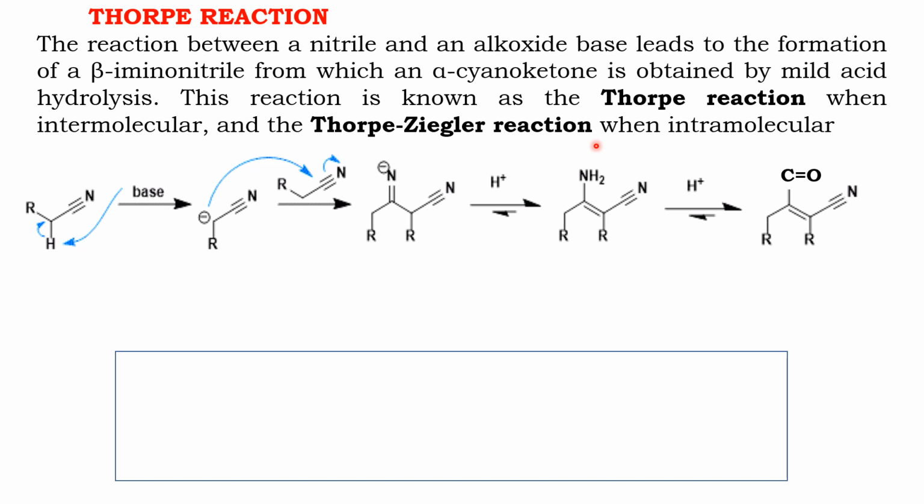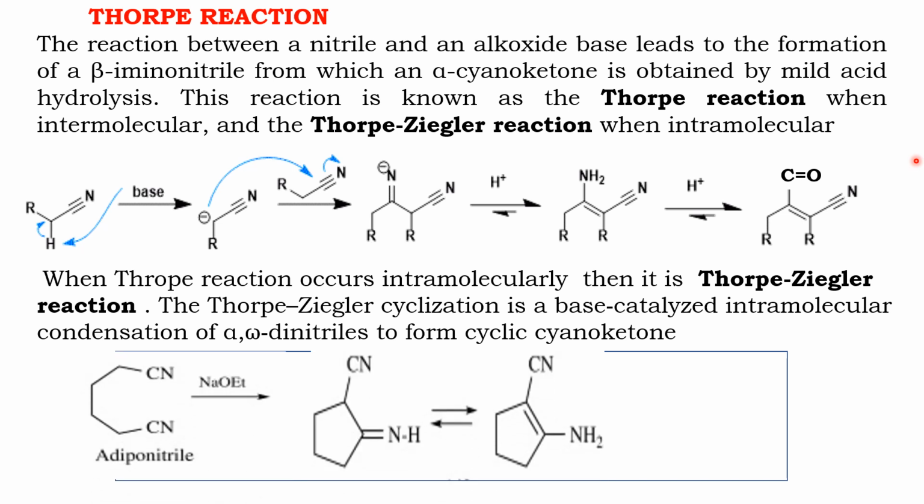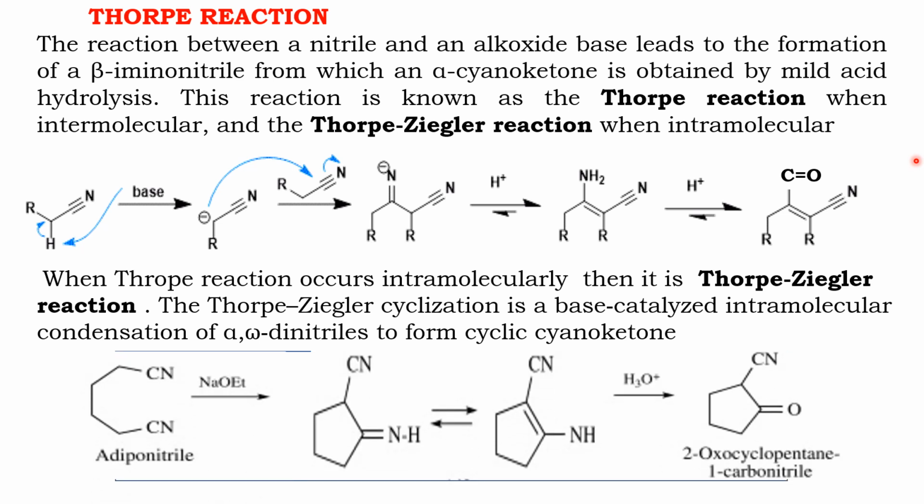You got it? Now see here. When a cyclization reaction occurs, it is called Ziegler-Thorpe reaction.